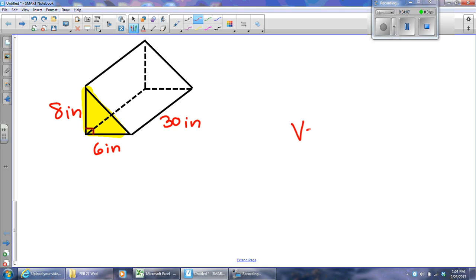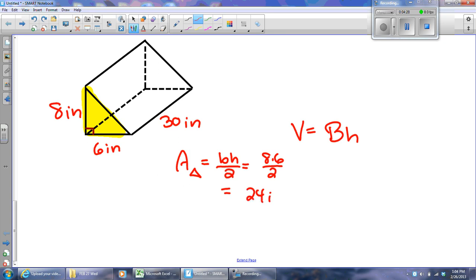So the volume is going to be the area of the base times the height, but the area of the triangle is going to be a lowercase base times the height divided by 2. And in this case, that's going to be 8 times 6 divided by 2, which equals 24 inches squared.